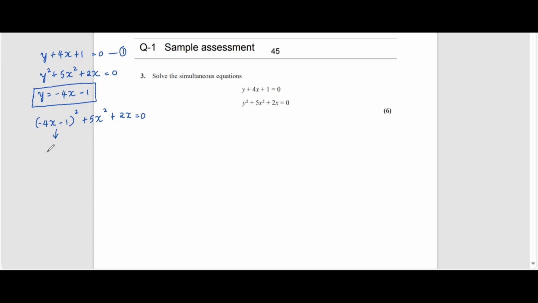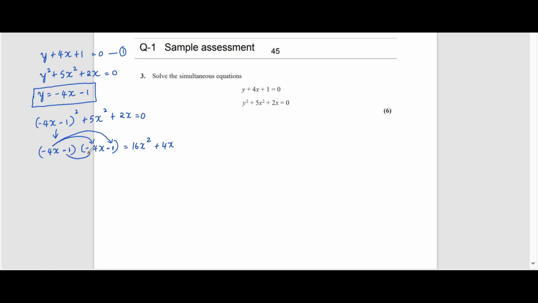So (-4x - 1)² means (-4x - 1) times (-4x - 1). Minus 4x into minus 4x gives me positive 16x². Minus 4x into minus 1 gives me positive 4x.